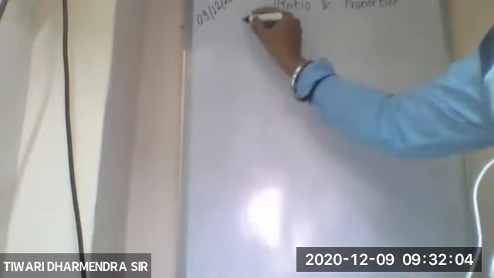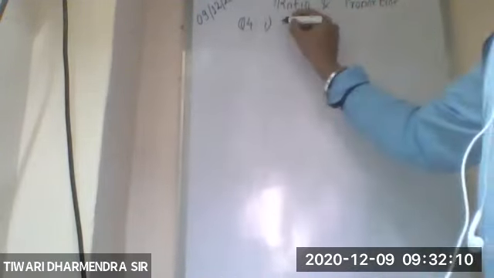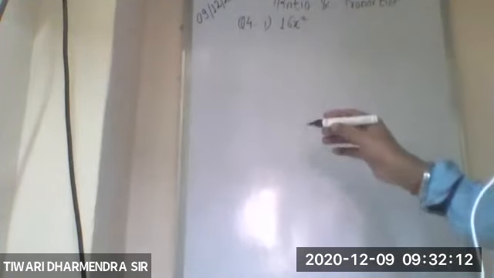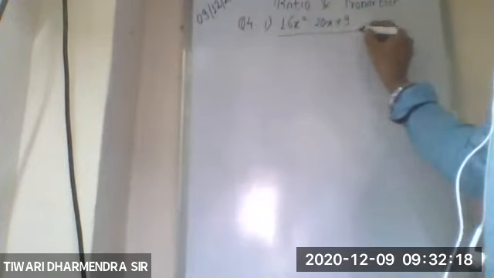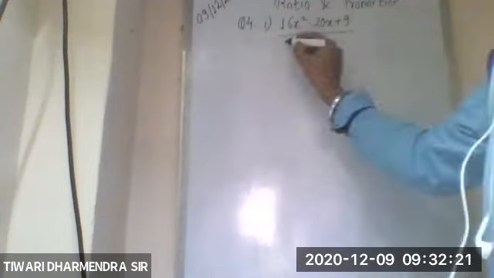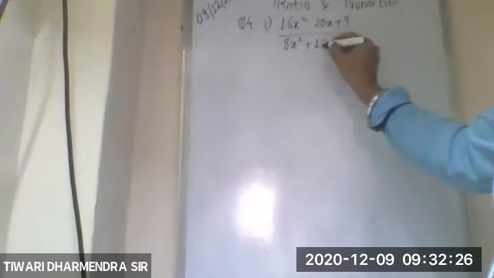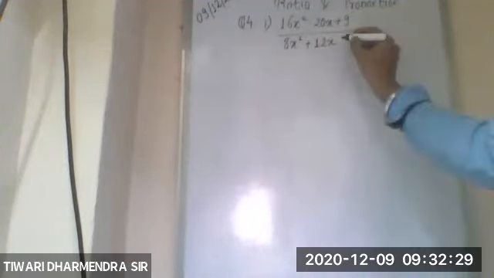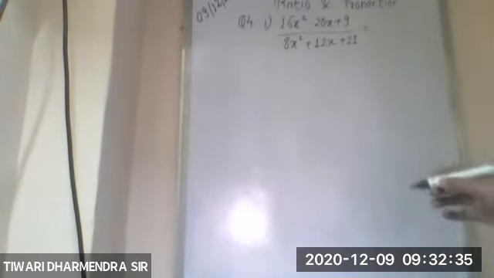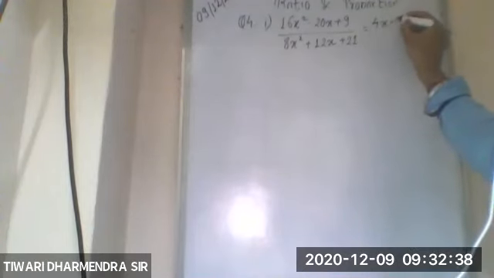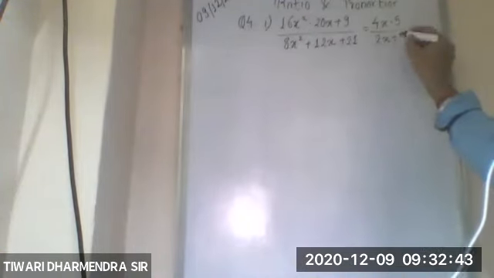Question number 4. First, given: 16x square minus 20x plus 9 upon 8x square plus 12x plus 21 is equal to 4x minus 5 upon 2x plus 3.